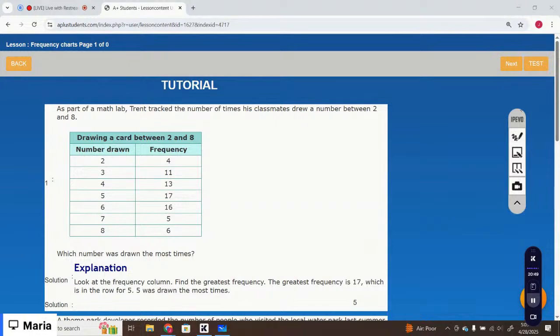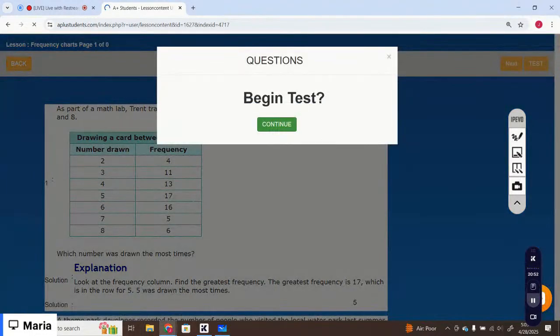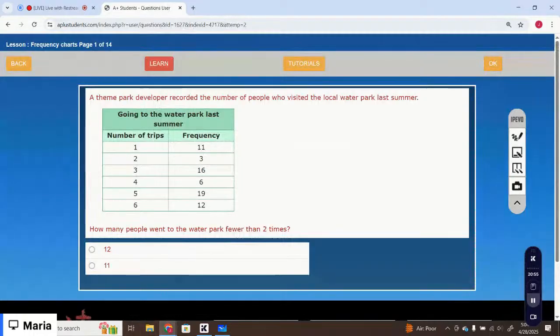Let's just start with the test questions. A theme park developer recorded the number of people who visited the local water park last summer.